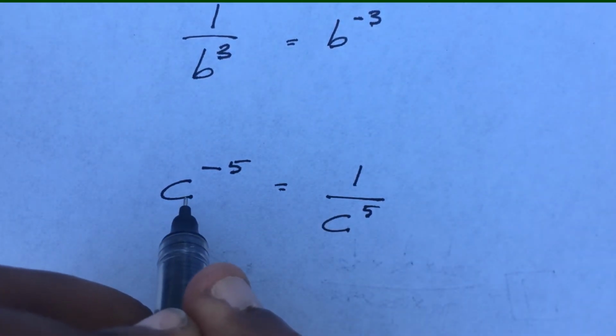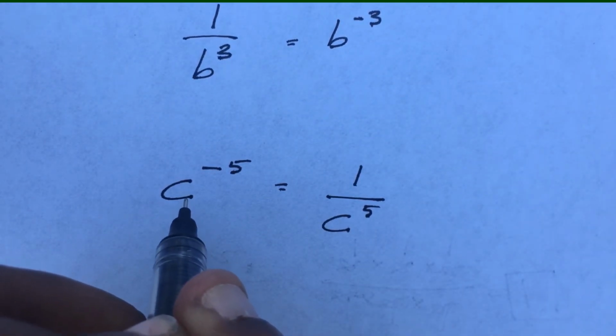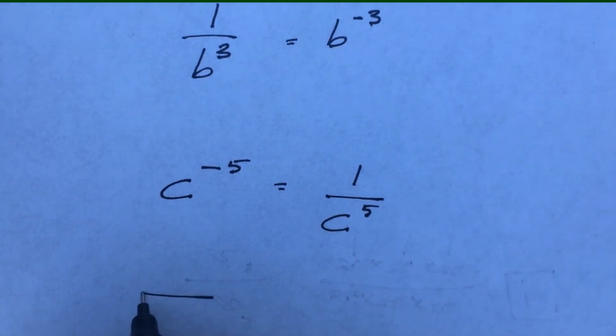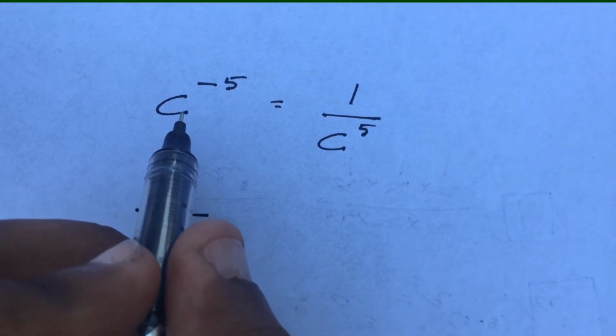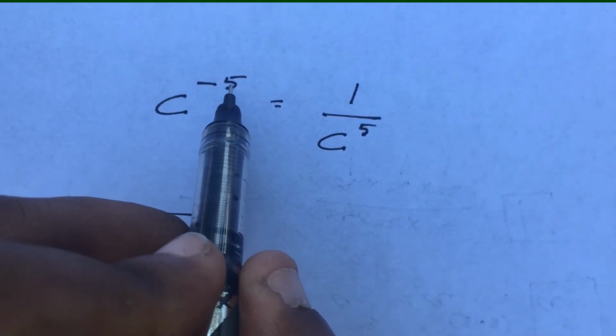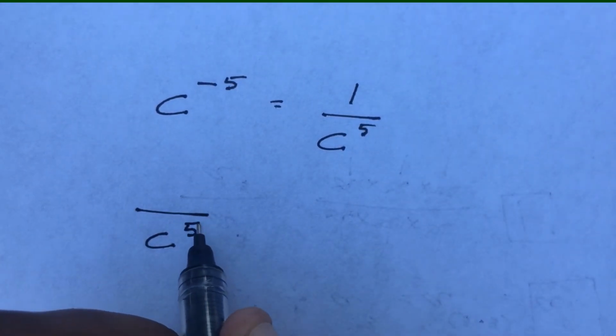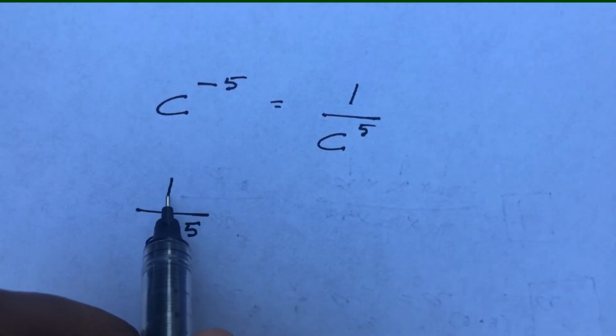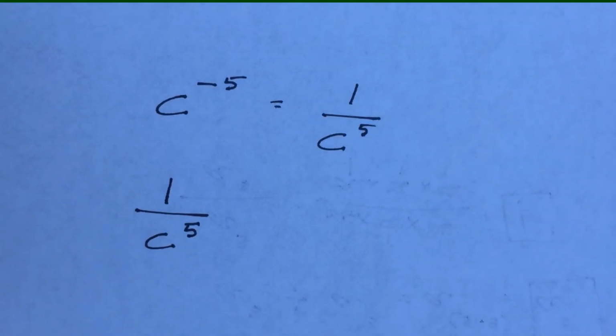So I'm using this base to cross the line. See me draw a line there? Crossing, using the base to cross the line. I'm going to get c, change the index from negative to positive and put it under 1. There you go.